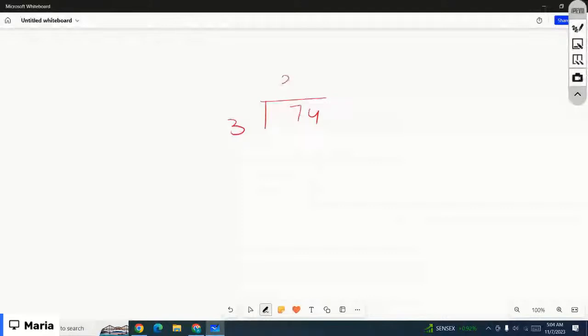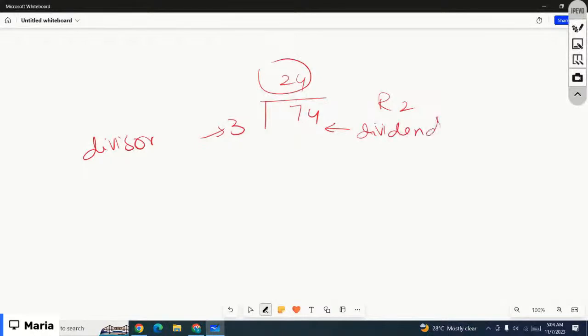So when working on the division, this is the divisor, that is going to divide. This is the dividend. This is the quotient. And this is the remainder, the number you are left with at the end after dividing. So these are the terms related to division.